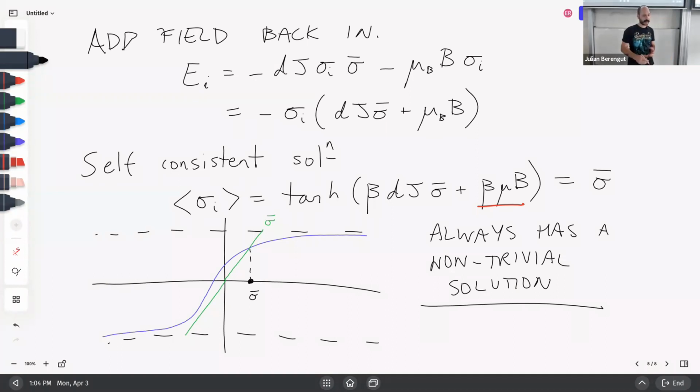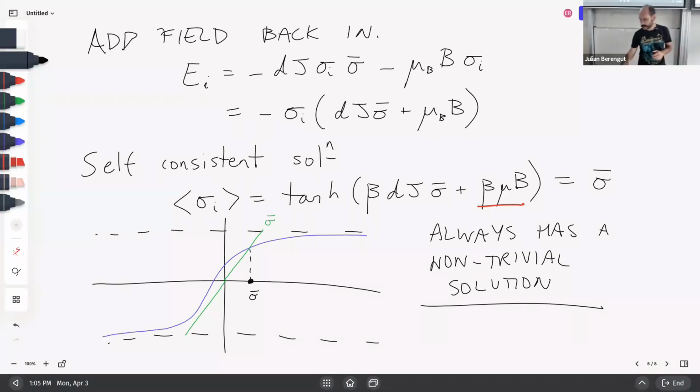In this case, there would only be one solution the way I've drawn it. Whether there's more than one solution depends on the ratio of beta dJ versus beta mu_B B now. That's right.